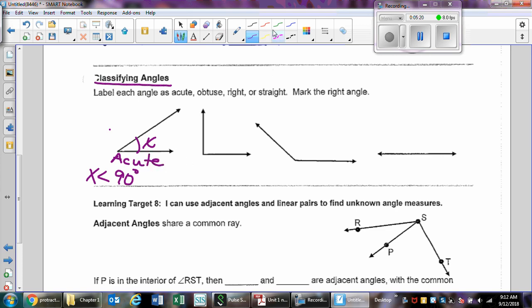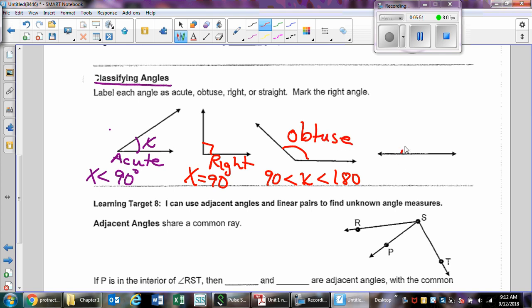The next one is when x is equal to 90 degrees, and this is called a right angle. When it's a little bit bigger, when x is greater than 90 and less than 180 degrees, it's between the two, and it's called obtuse.